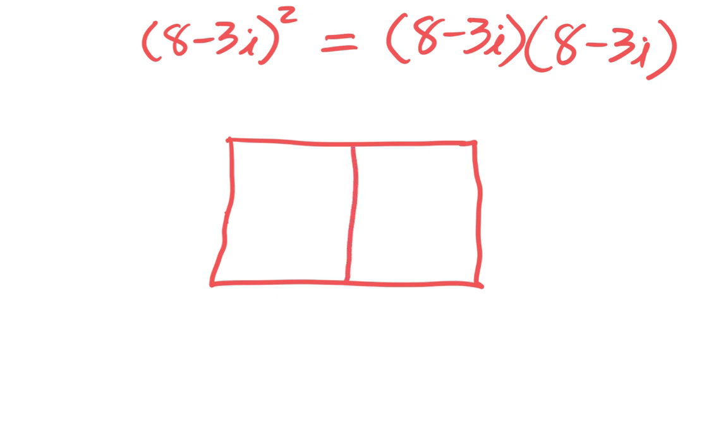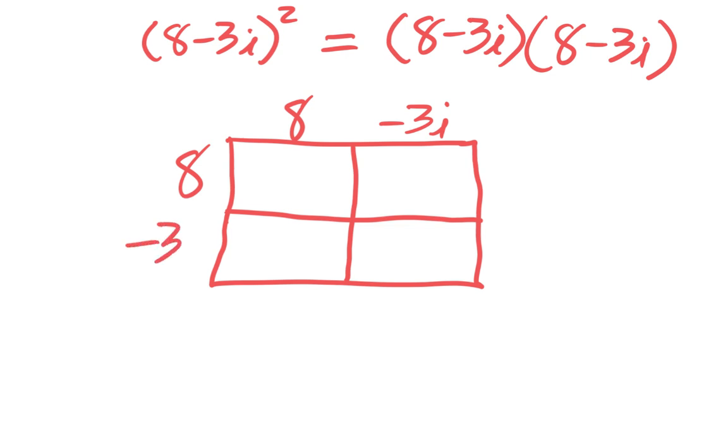So we got our box. We have 8 minus 3i, 8 minus 3i. So in the box method, we're just going to multiply each of the sides of our box that have numbers. 8 times 8, that's going to give me a 64. 8 times a negative 3i, that gives me a negative 24i.